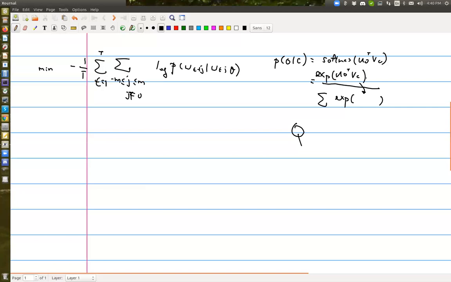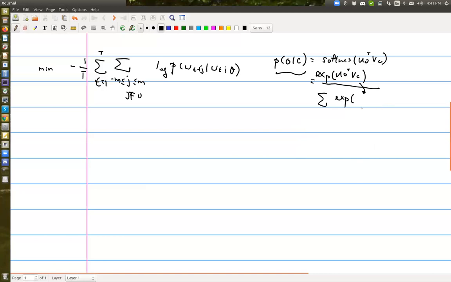So the exponential of U_O transpose V_C, if I consider all the possible values, won't normalize to one, in the sense that this won't really be a probability because it won't sum to one.